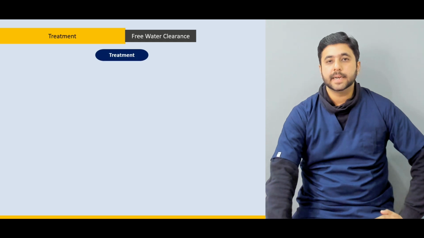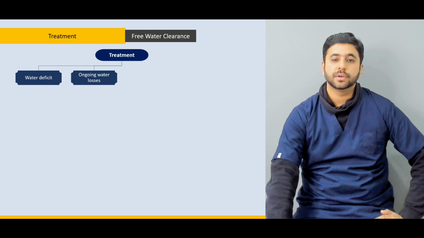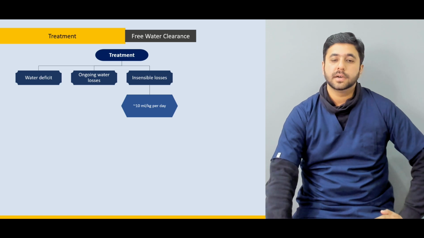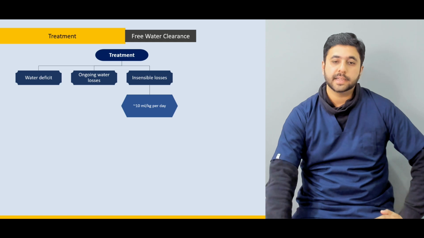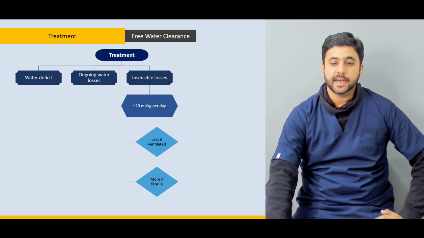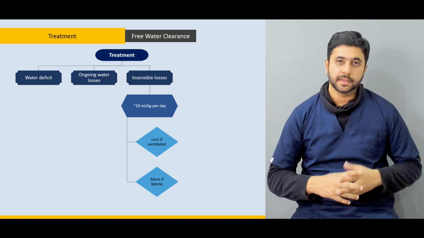And then we combine these two calculations on water deficit, and we also look at the ongoing water losses, specifically the insensible water losses. We correct about 10 milliliters per kg per day for the insensible water losses. This can be less if the patient is ventilated and more if the patient has high fever or hyperthermia.